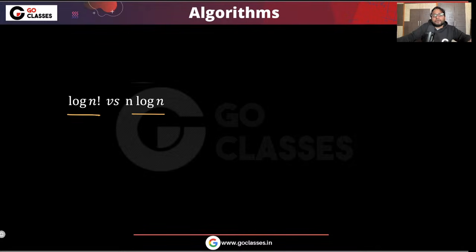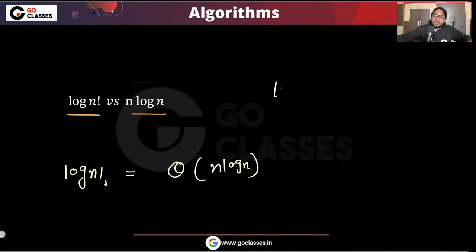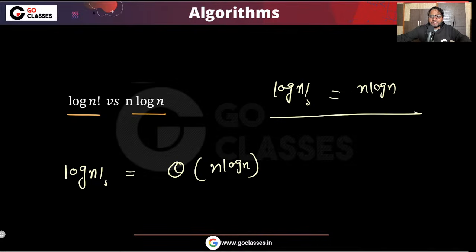But interestingly, when you take the log, then both become asymptotically equal, which means log n factorial is equal to theta of n log n, which means both are exactly the same. When you take the log, they become so close that they become equal. n log n. I should be writing C here, but I'm not.